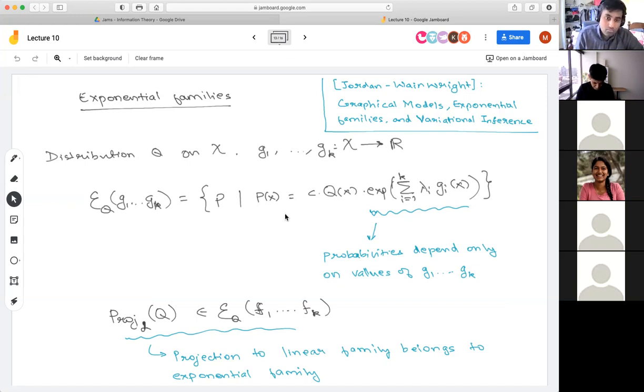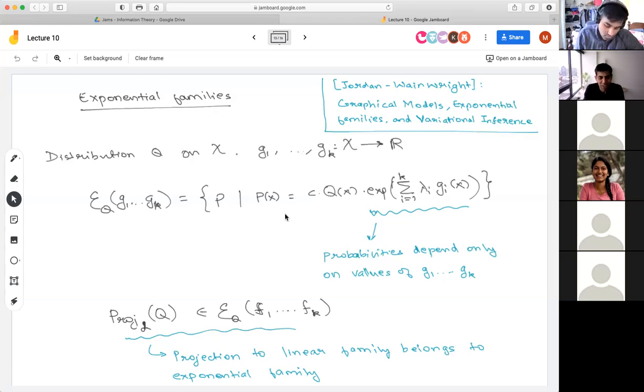And in general, what we'll show in a minute is that the minimizer P star, when we are minimizing over a linear family, turns out to be in an exponential family. So what is an exponential family, first of all?